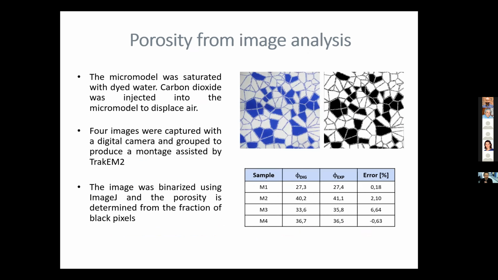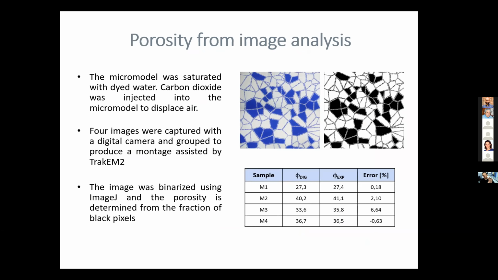Here we have some results obtained from our analysis. To characterize the micromodel in terms of porosity, we saturated the micromodel with dyed water. Before that, we injected some CO2 into the system to displace air. This process makes easier the elimination of bubbles in the system.